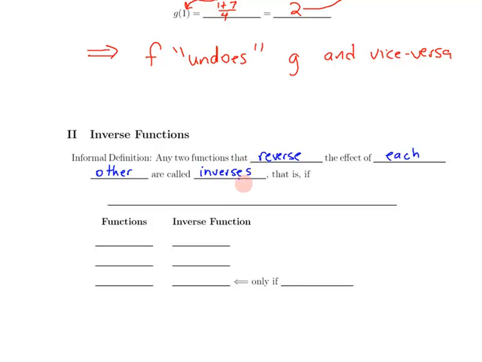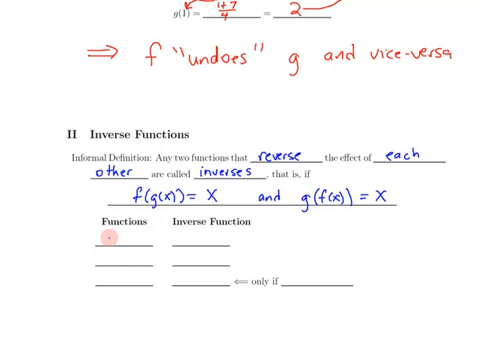That's an informal definition, but more mathematically speaking, we're saying that if I take f of g of x, I get back x, and if I take g of f of x, or g composed with f, I get back x. So here are some examples of some inverse functions, right?